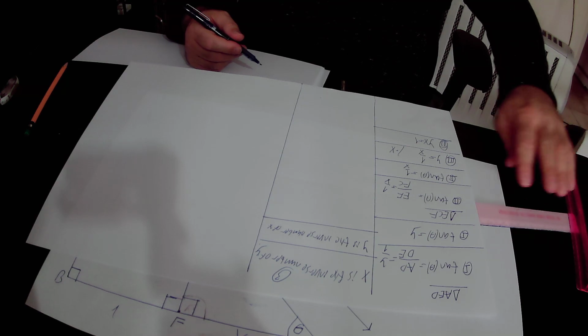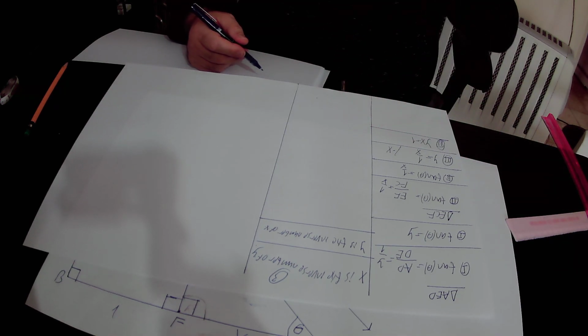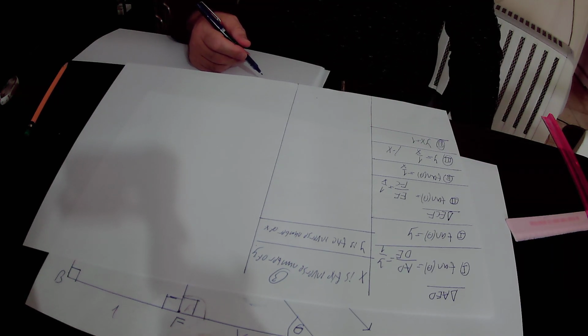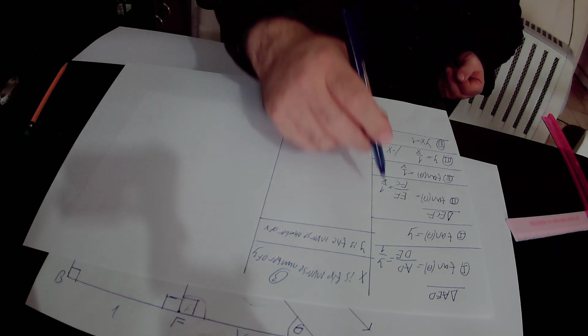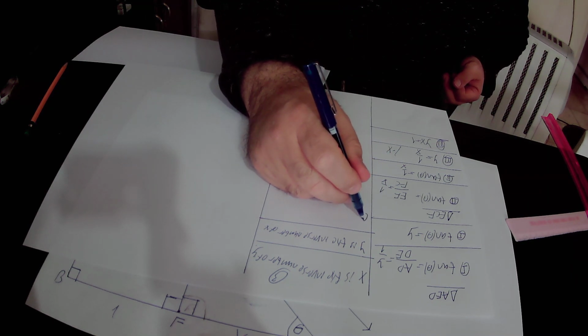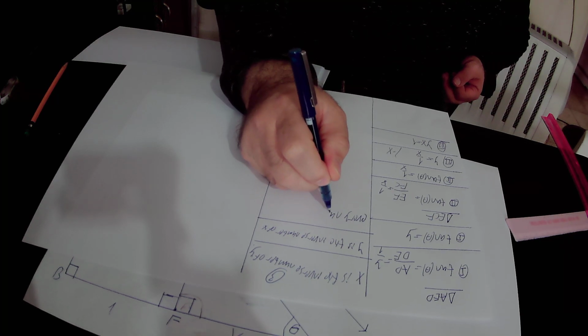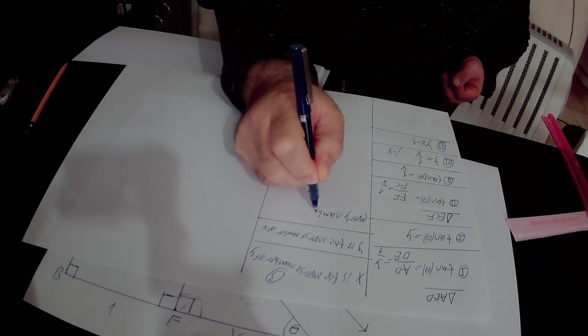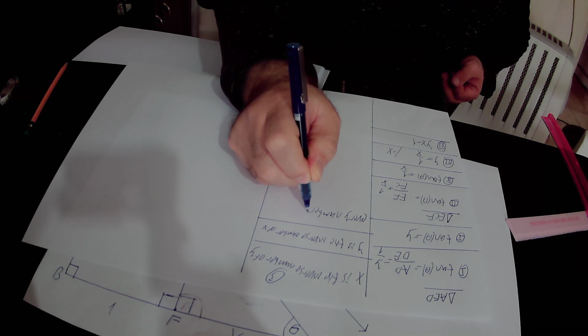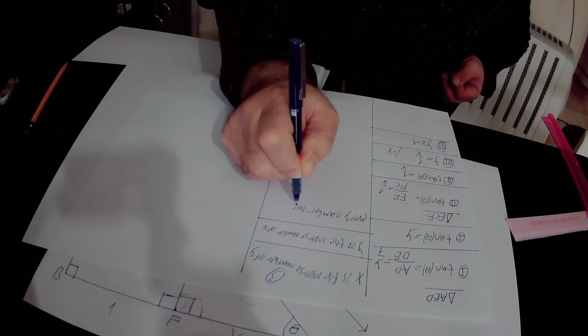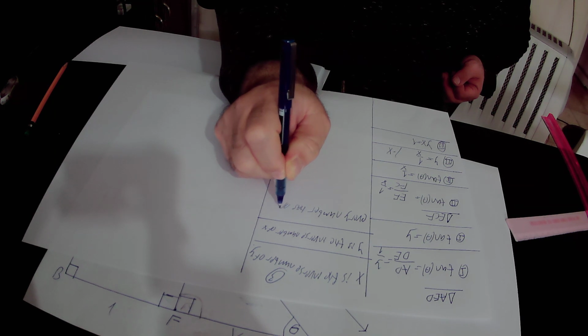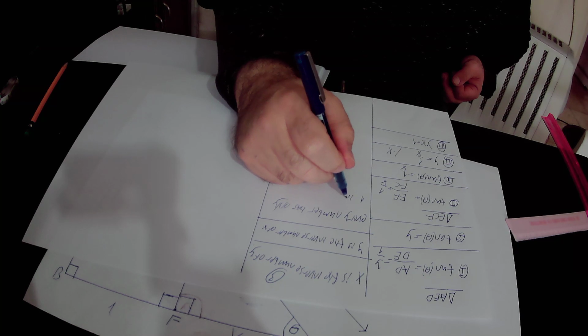And we have a rule that states that every number has only one inverse number.